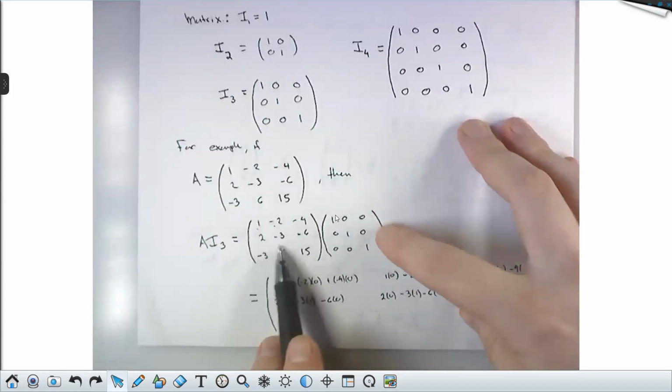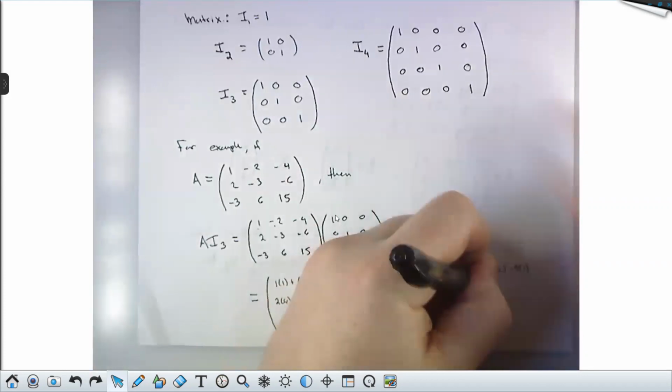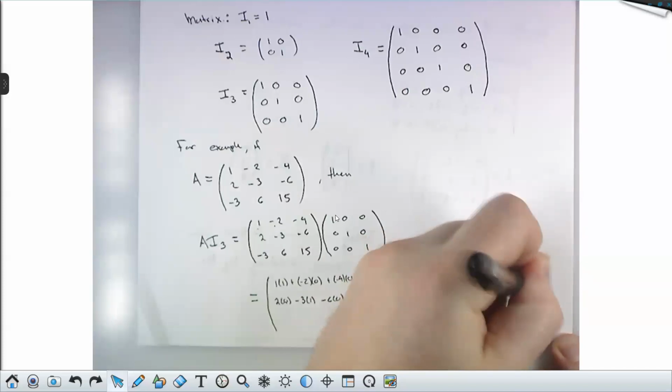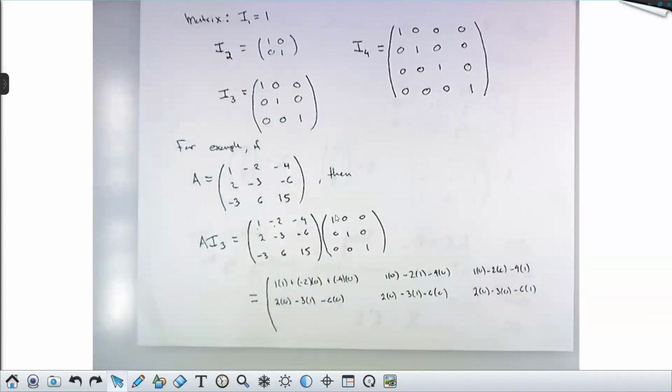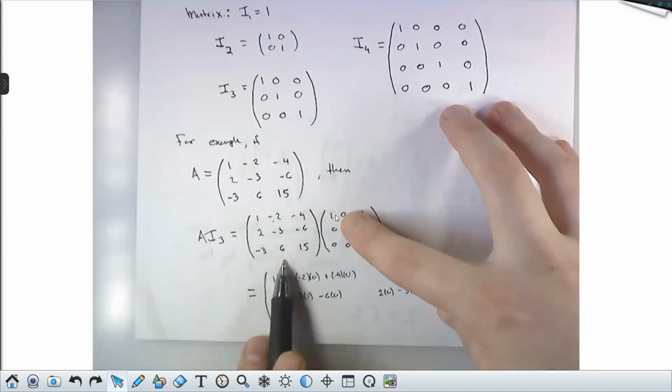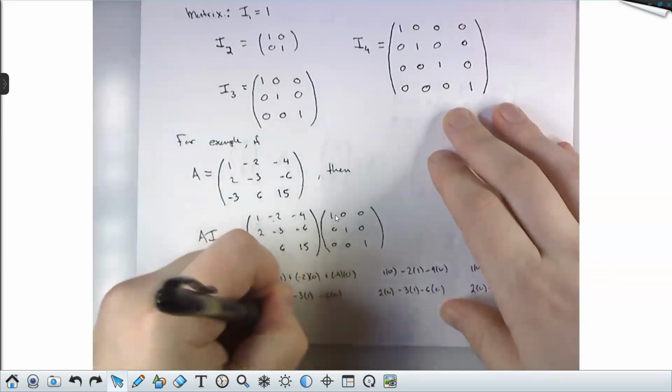That's 2 times 0 minus 3 times 0 minus 6 times 1. Finally, in the third row, negative 3 times 1, 6 times 0, 15 times 0.